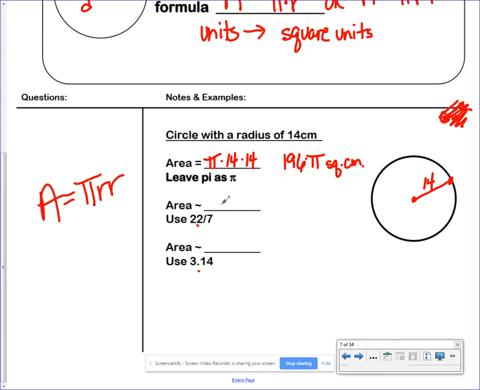So let's try that. Take 22/7 times 14 times 14, or times that 196, since we already know that. When you grab your calculator and crank that out, and again, this is approximate, we should end up with exactly 616 square centimeters.